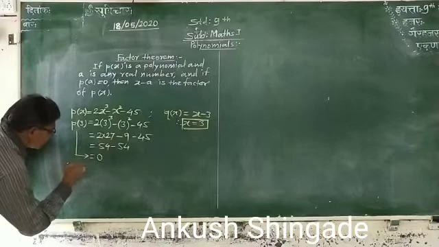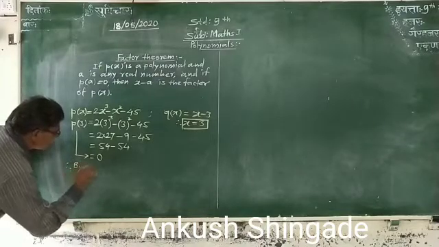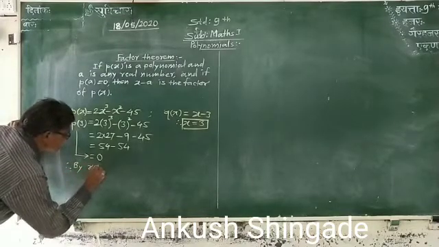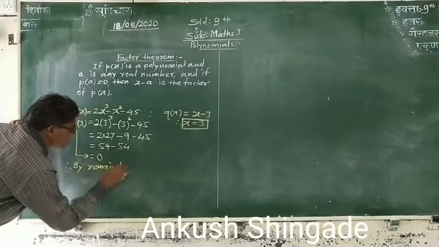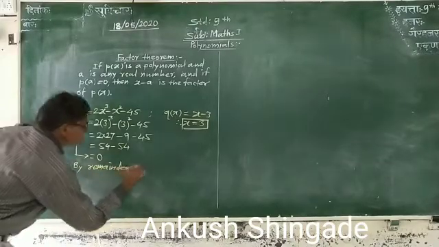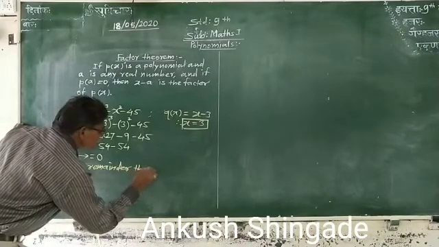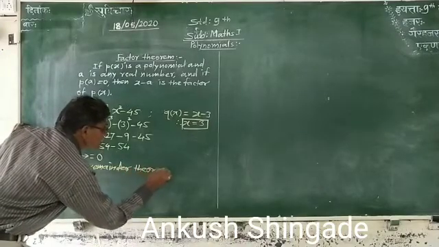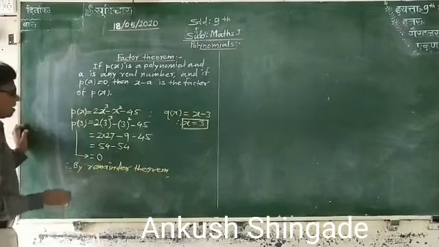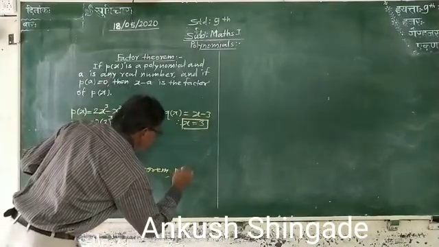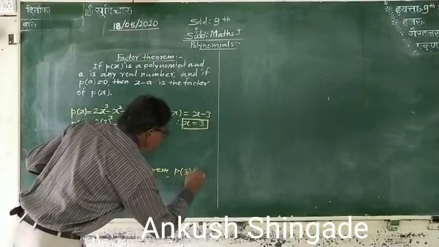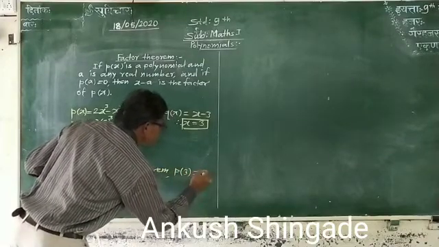That means by remainder theorem, P3 is equal to 0.